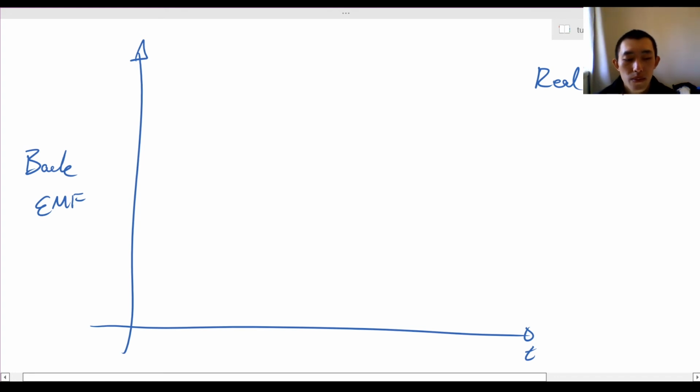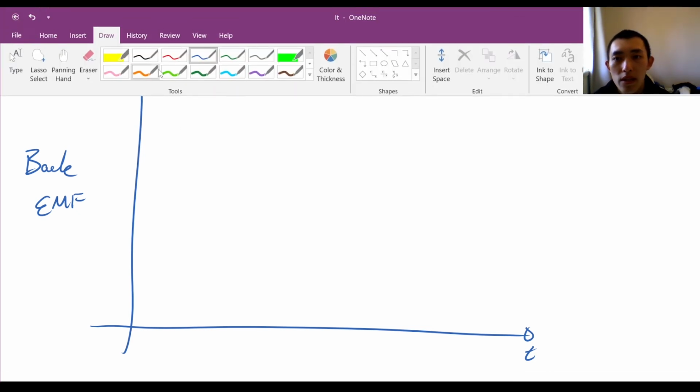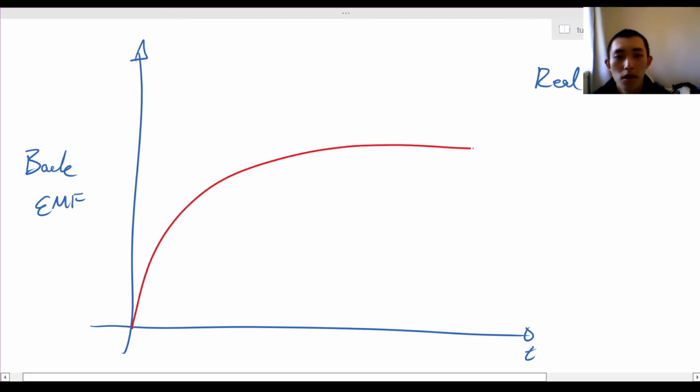Have a go at this one. So your graph should look a bit like this. Same shape, but now in this case, here's our V supply. See this difference here? You're like, what is that?